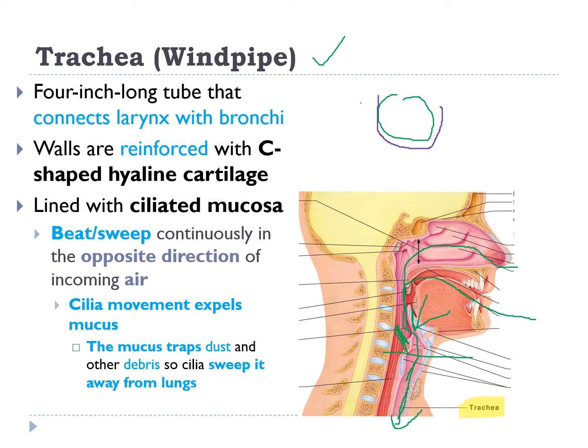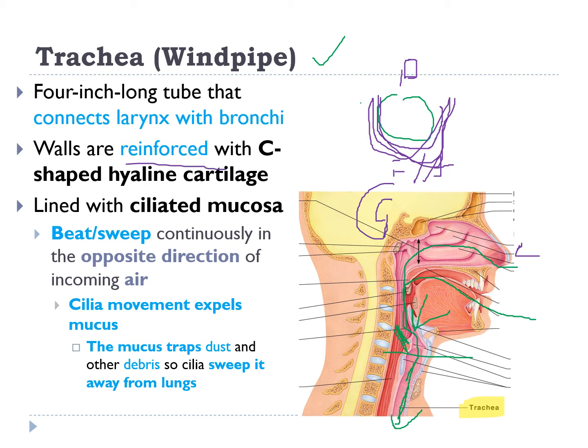And cartilage is the bendy but hard stuff that makes up the tip of our nose and our ears. It's softer than bone, but it's still fairly strong and rigid, though somewhat flexible. And this is done to protect our air pipe. This would be the front or anterior, and this is the back or the posterior. So that is the C-shaped hyaline cartilage that reinforces or protects the trachea.